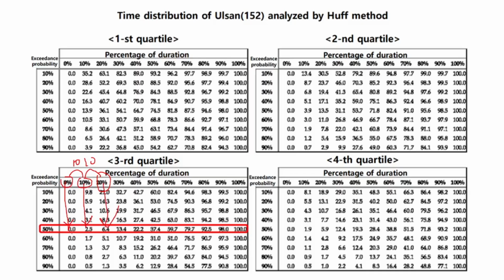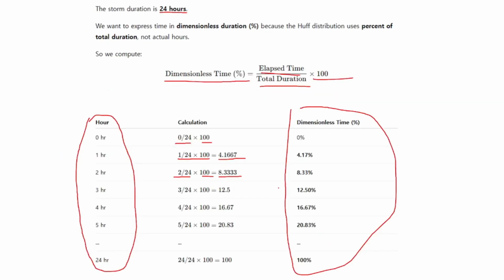So for 0% you have 0, 10% you have 2.5, 20% you have 6.4, but we have 0, 1, 2, 3, 4 percentages. So these values are not shown here, because this one goes from 0, 10, 20, not 0, 1, 2, 3, 4. Okay, so we have to interpolate.